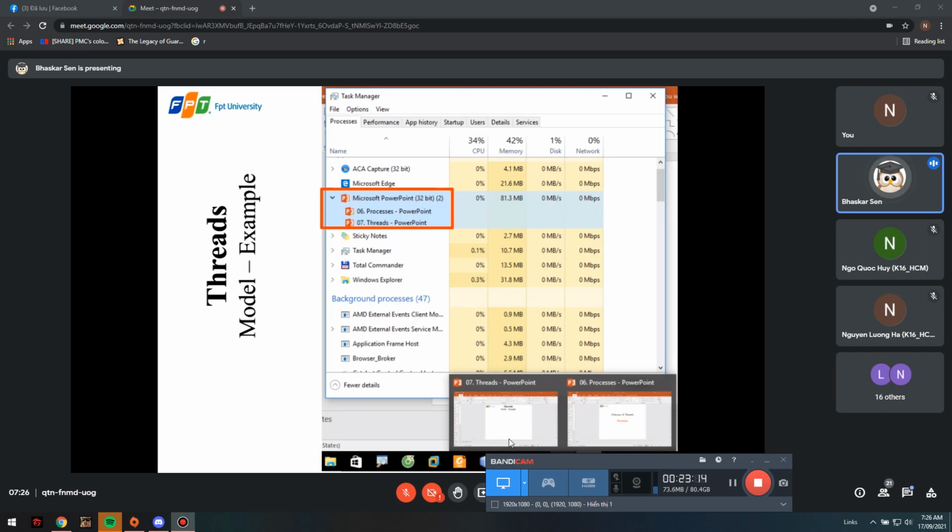Now what we are looking at here is a very interesting slide. Of course, it's a familiar one because, we already know, it is a process table, right?